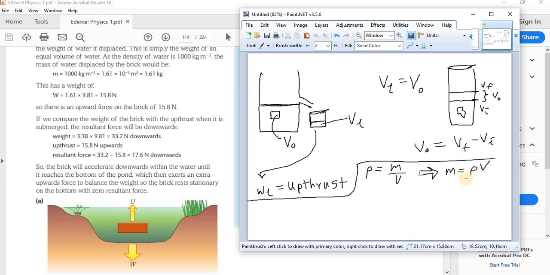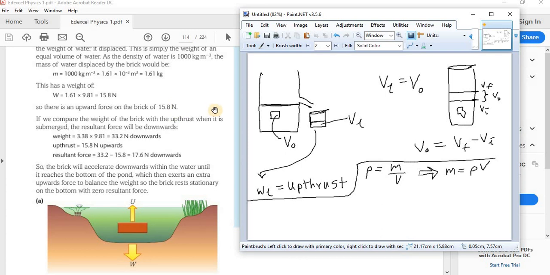So we are using this equation to find the mass of the water displaced, and then when you multiply it by 9.81, the gravitational field strength, you get the weight of water displaced, and the weight of water displaced is equal to the upthrust, which is 15.8 newtons in this example. So there is an upward force on the brick of 15.8 newtons.